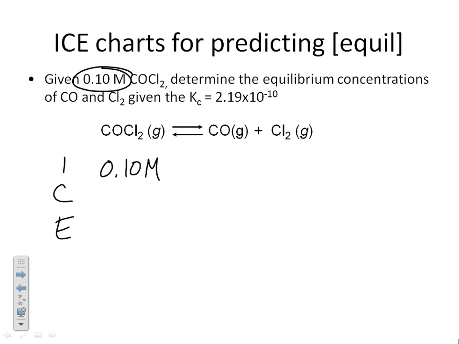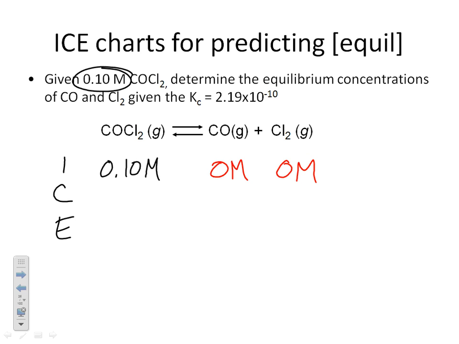Recall, though, that if you're not given specific information about the products, that means that we're assuming we are starting at 0 molar, that we don't have any products when we begin. Nothing in this problem says that we are starting with 0.1 molar carbon monoxide in addition to the 0.1 molar COCl2, which means that we are very confident in saying that we are starting at 0 for the products.